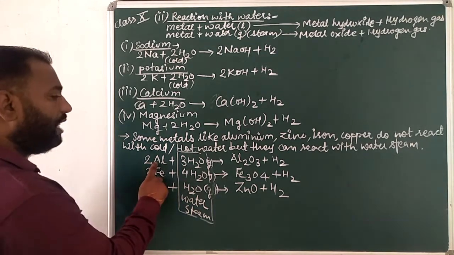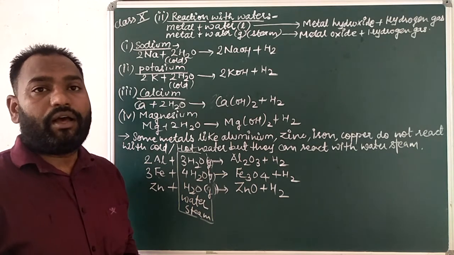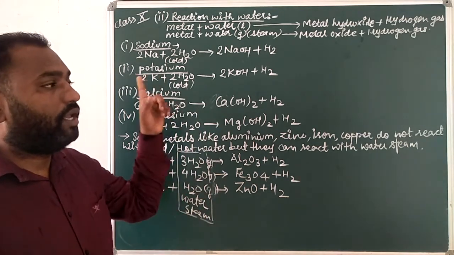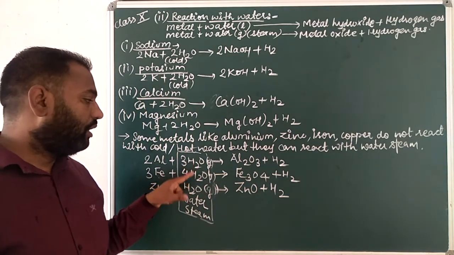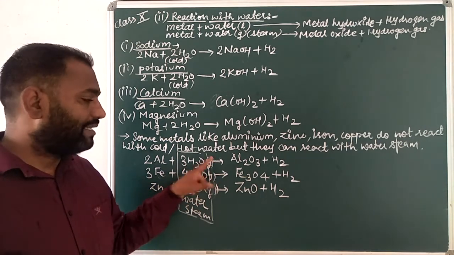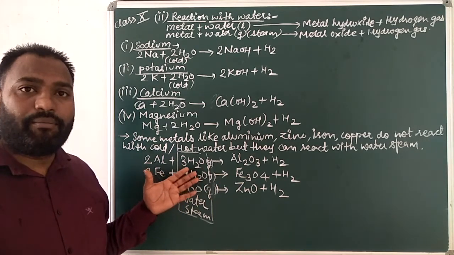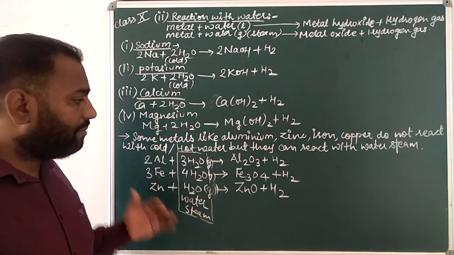Like aluminum, which cannot displace the hydrogen from water, cold or hot, but can react with the gaseous steam. So you can tell that steam has more energy to make them react.